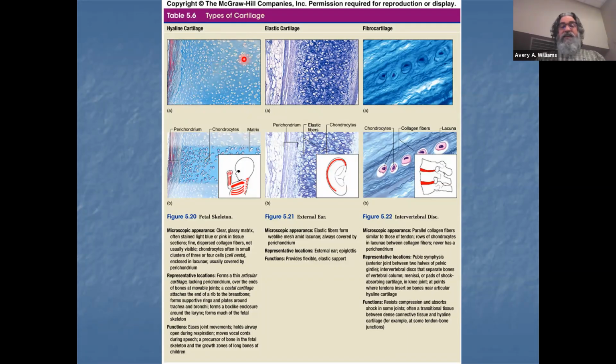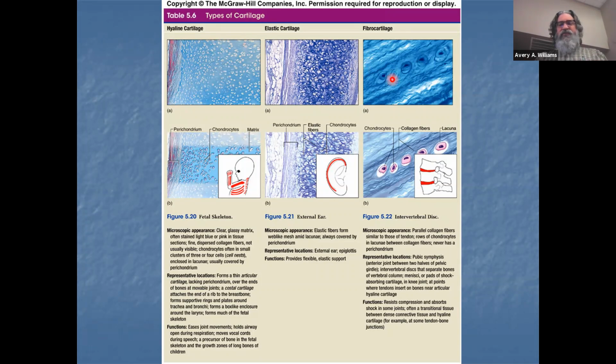Now the difference is, you'll have proteins out in the matrix or not, okay? This first form, hyaline cartilage, hyaline means glass. So it's clear, it's almost translucent, where light can pass through it pretty easily. But the other 2, it's more occluded.